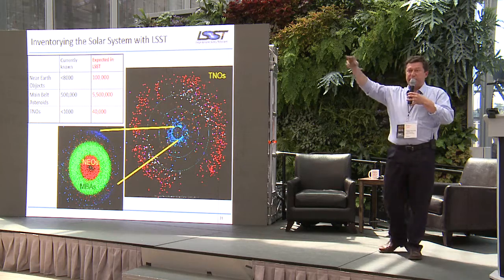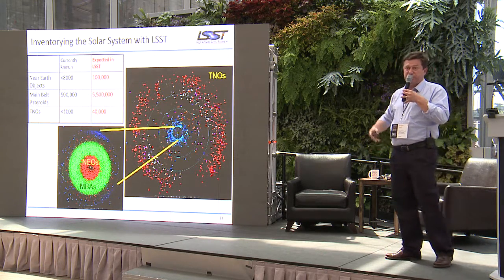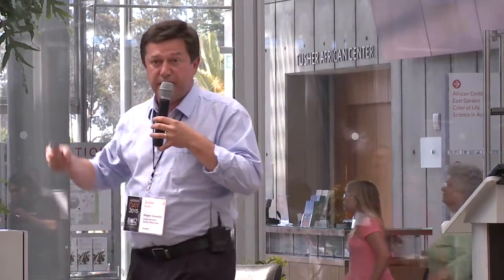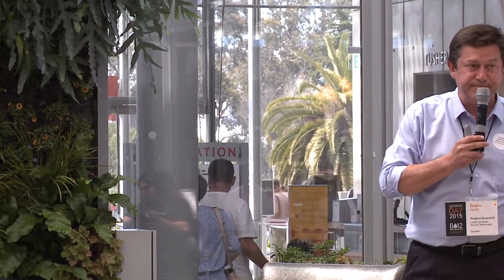And if you remember the talk by Clark Chapman two talks ago, he went through the whole thought process of this mandate. But LSST is the only ground-based survey that is being not just constructed, but even planned, that is capable of, can we move one page forward, that is capable of fulfilling this mandate. So I'll stop here and take questions.